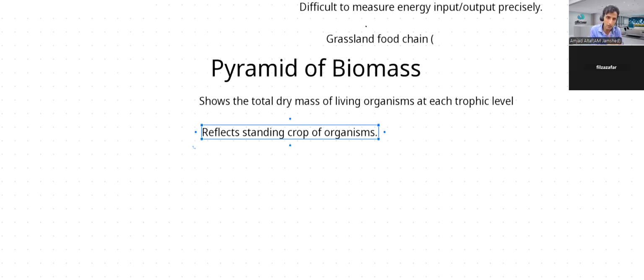So it reflects the standing crop of organisms. What do you mean by this? The number of organisms, how much you're getting as biomass.